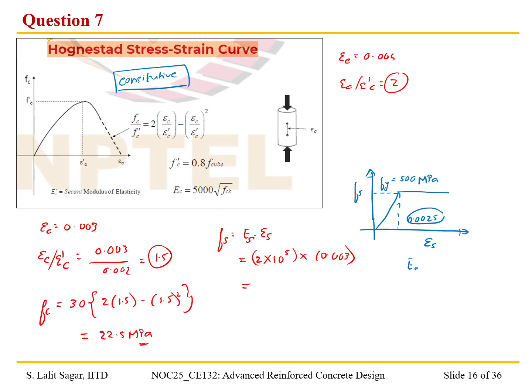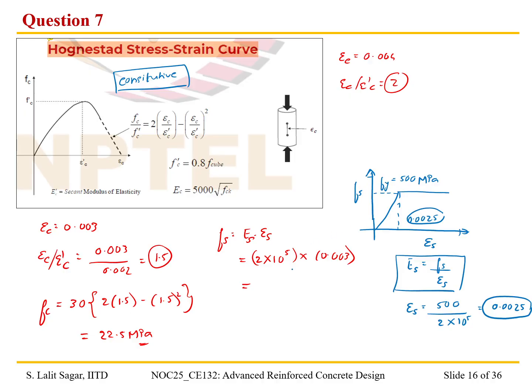By Hooke's law, Es is equal to Fs by epsilon s, so epsilon s is given by 500 divided by 2 into 10 to the power 5, which gives us the yield strain of 0.0025. I had taken a small digression to help us understand the constitutive model that we are considering for the reinforcing steel.